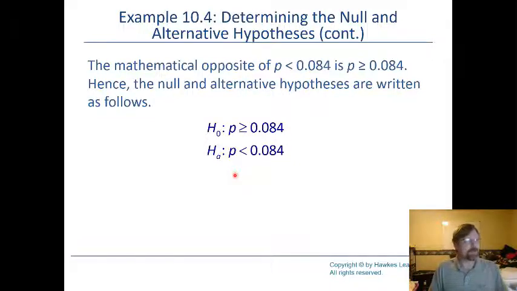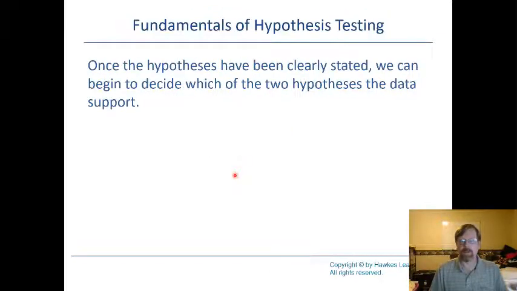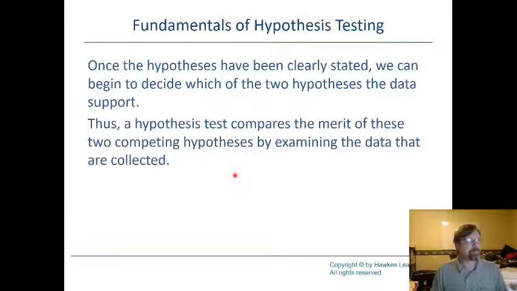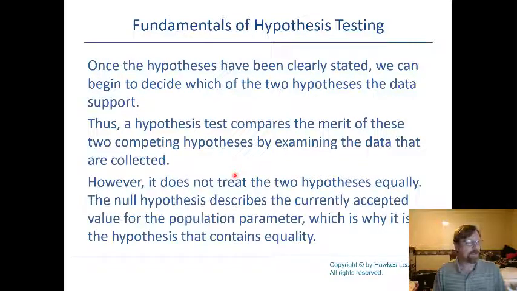Okay, so we know how to identify our null and alternative hypotheses. The next step is to decide which of the two the data support. Our hypothesis test will compare the merit of these two hypotheses by examining the data. As it says here, we do not treat these hypotheses equally.